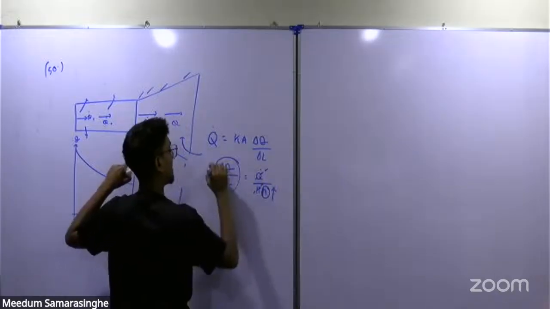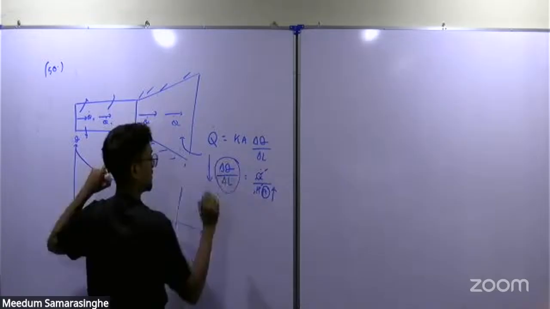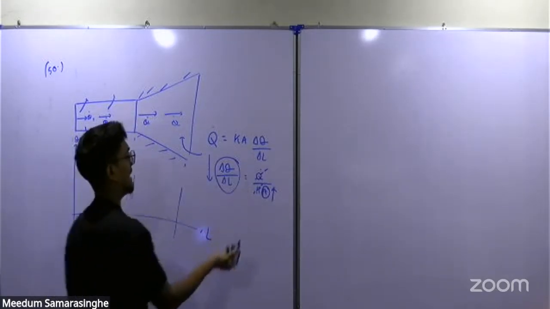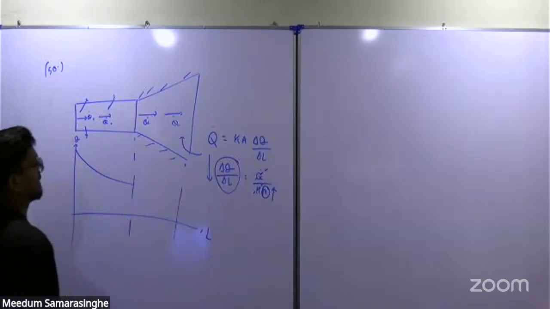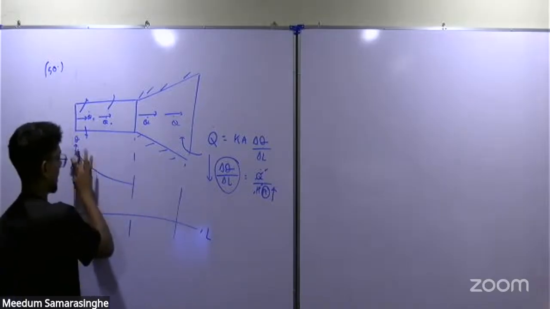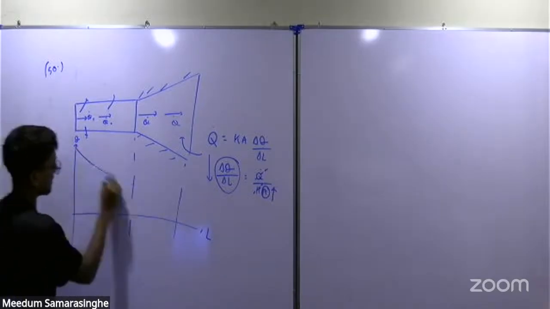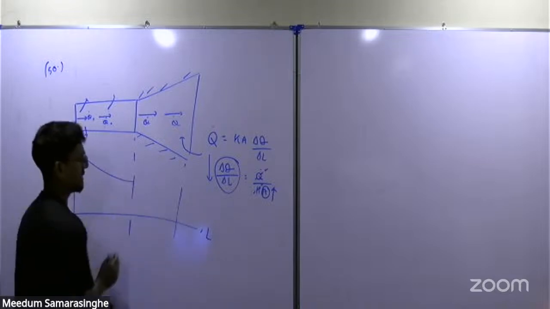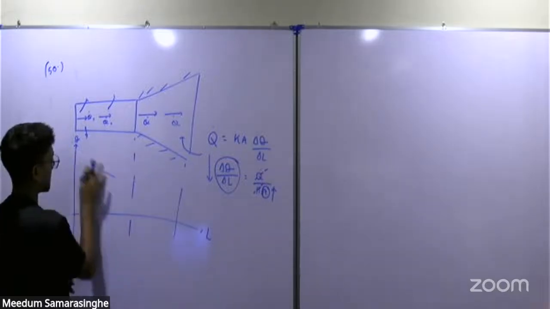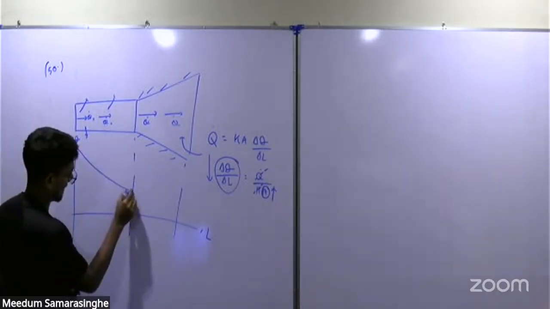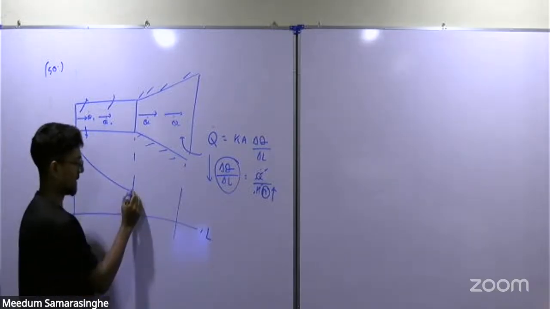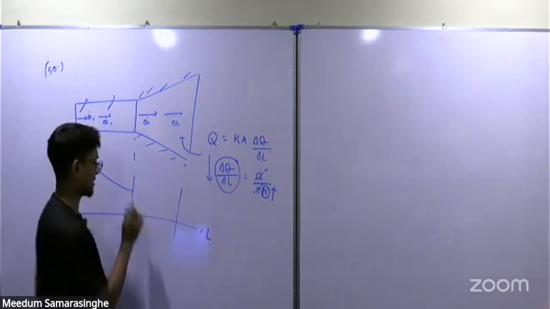When the area increases, the temperature gradient will decrease. So the gradient has to decrease from here to here, and from here to here also, and from here to here also.